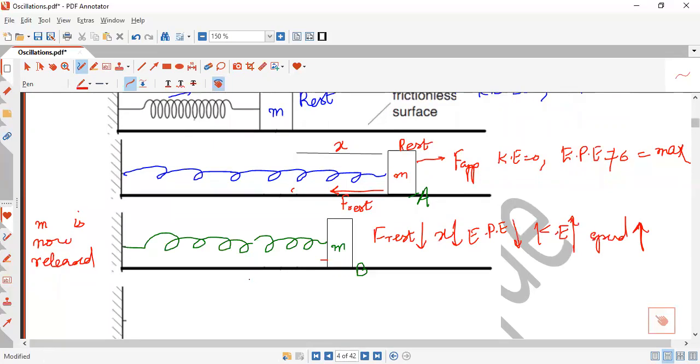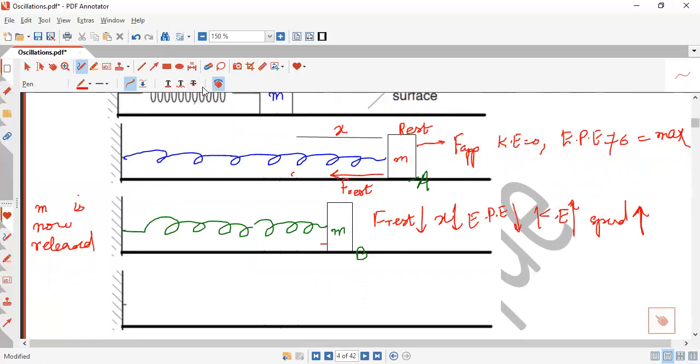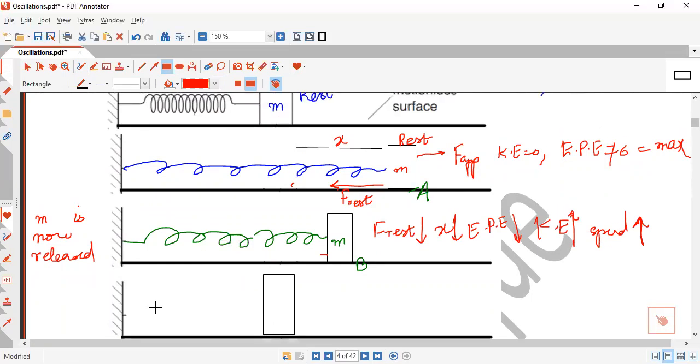Okay. So now my next question is, let's say the object reaches its mean position now, like let's say here. Now the spring will be in its original form, like it will be looking like this.